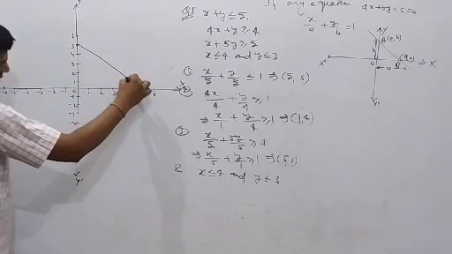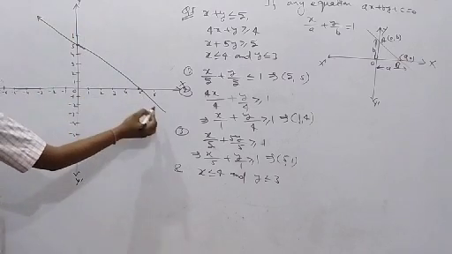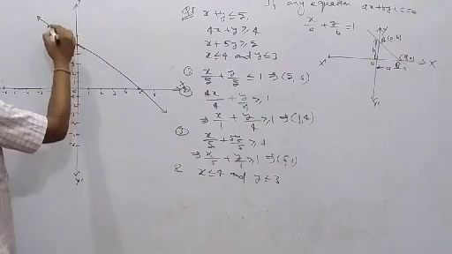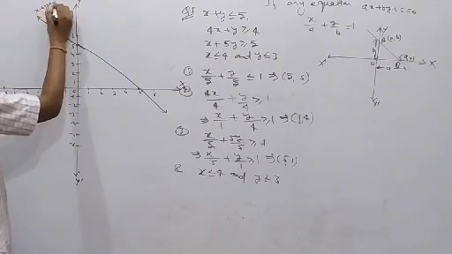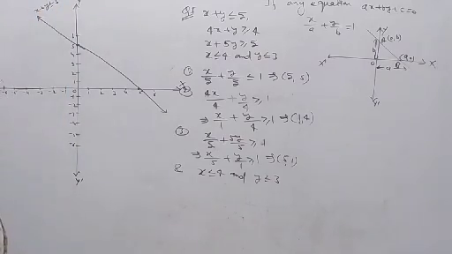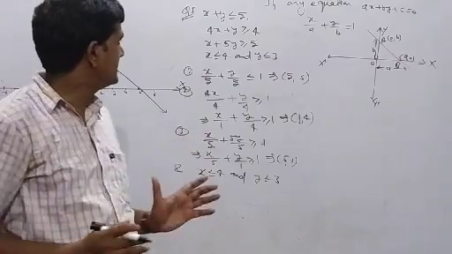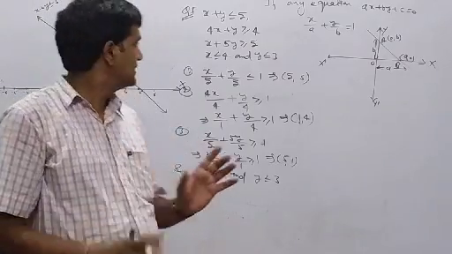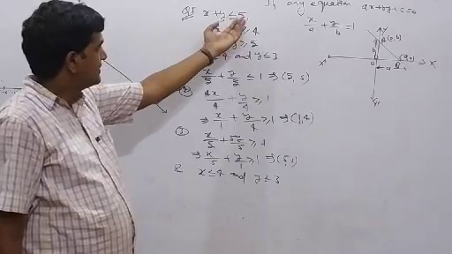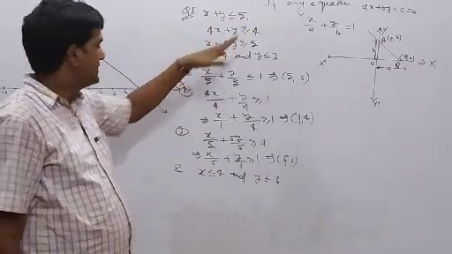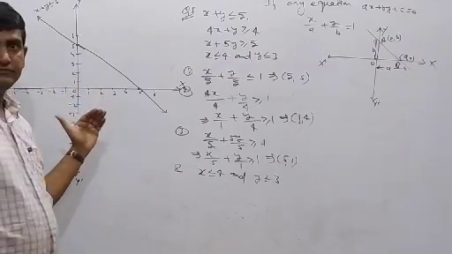Now join the line. Understood? This is the line of x plus y is less than or equal to 5. Now whatever I am going to tell is a very, very important point. If x plus y is less than any number, here 5, then the arrow of this line is towards the origin.